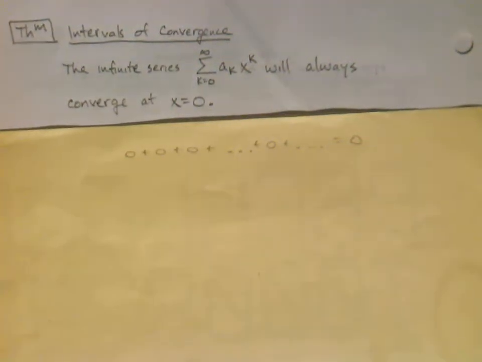You'd just be adding these zeros, and what's that all going to add up to? Well, 0, and 0 is finite. So we know that for x equals 0, our Taylor series will converge, at least there. But how are we going to find what's the interval on either side of 0?